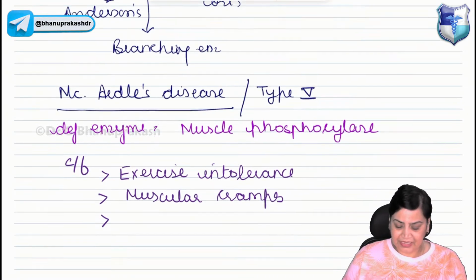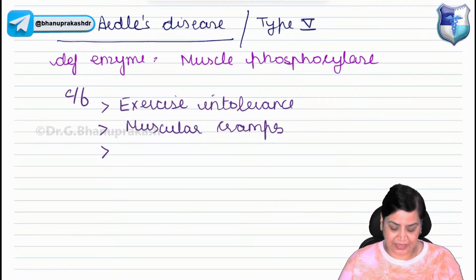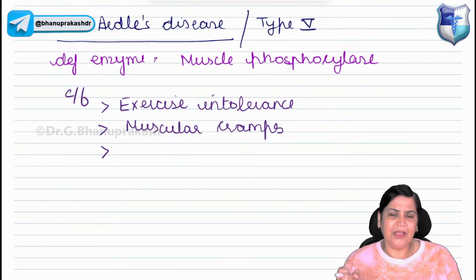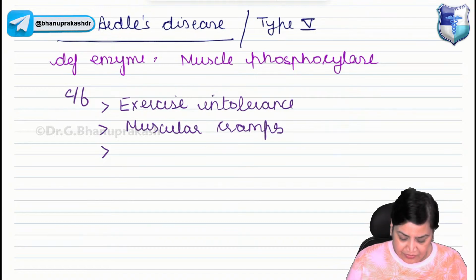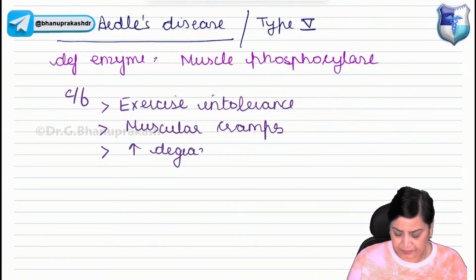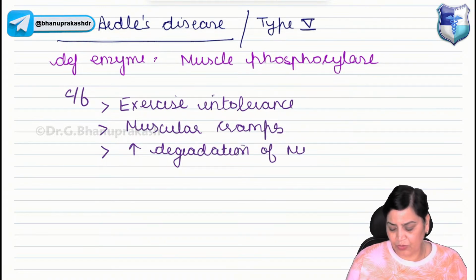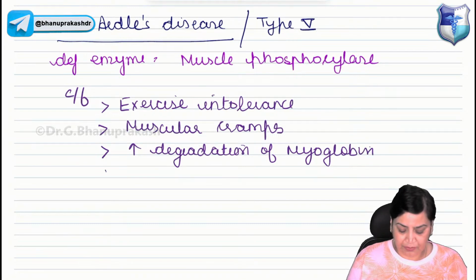If the person is intolerant to exercise and cramps develop, there will be increased degradation of myoglobin, so it is also known as myoglobinuria.